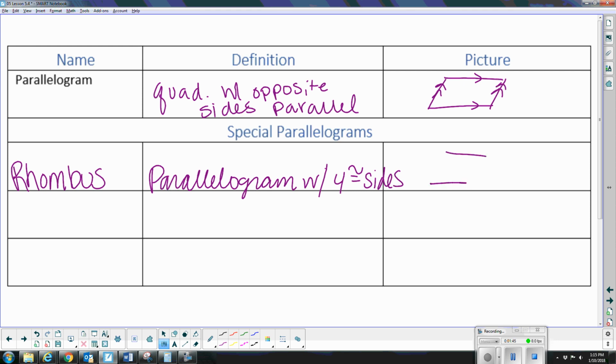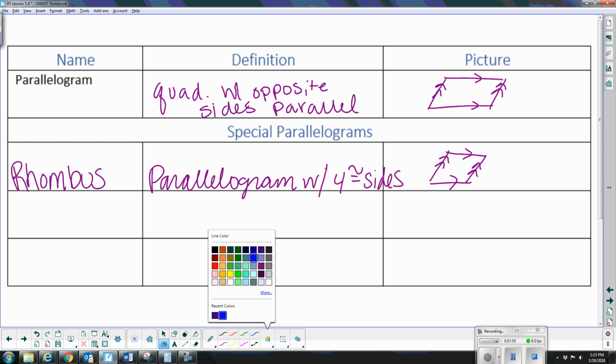So here's your parallelogram, and something special about a rhombus is that all 4 of these sides are congruent.